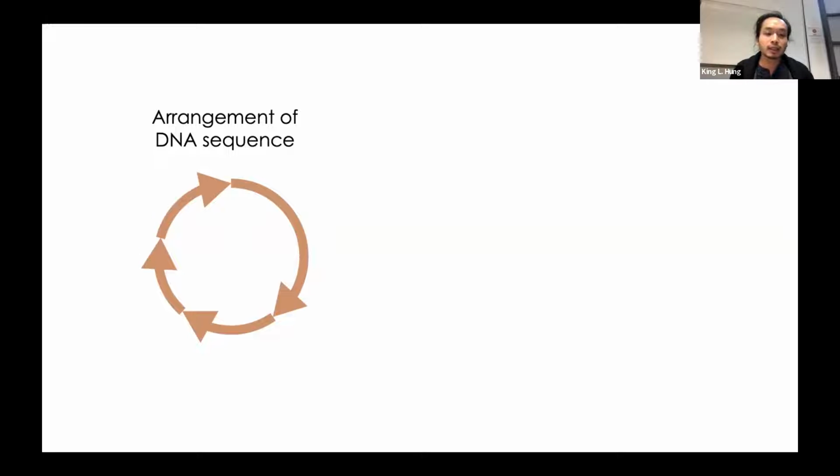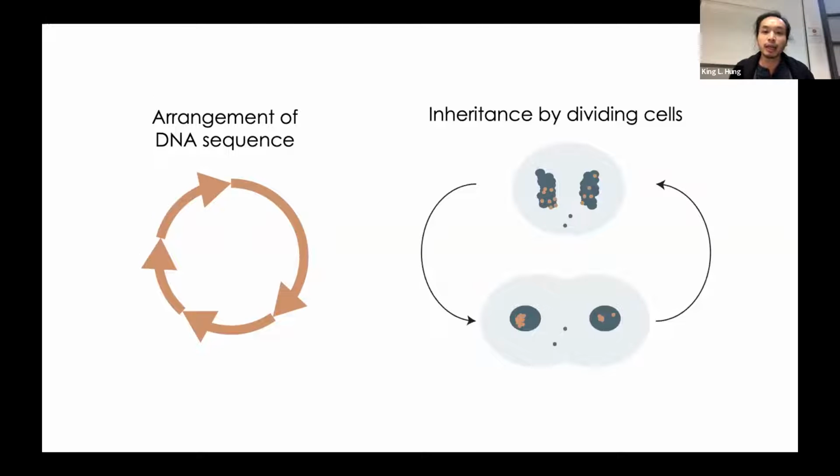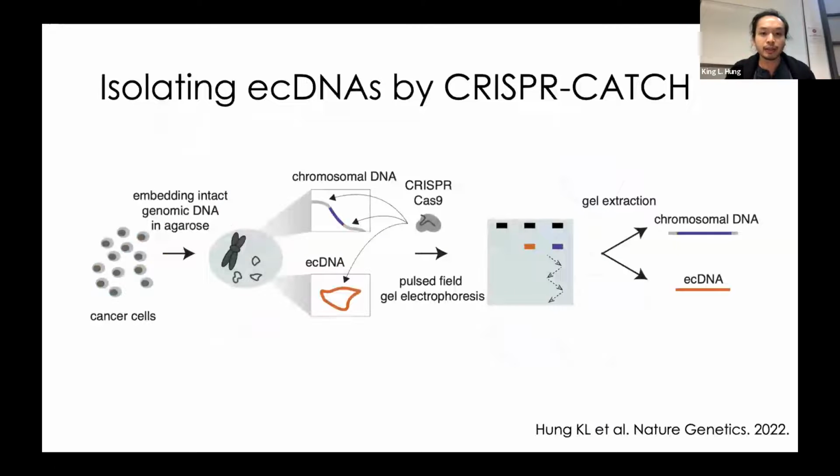Yet we still have very limited understanding of some pretty basic aspects of ecDNA biology, such as the arrangement of DNA sequence. What are the DNA sequences that are on ecDNA? How are they arranged? And also, how are these molecules inherited by dividing cancer cells? In today's talk, I'll briefly talk about my work in the past few years on these two areas.